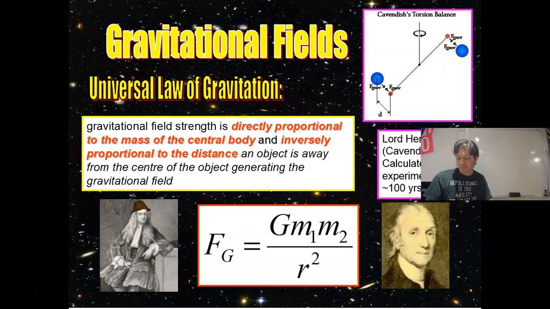But just like a spring, the more a spring gets stretched, the more it wants to pull back. In this case, the more the torsion twists, the more it wants to untwist. And so eventually it'll twist to a point where it reaches an equilibrium, where the force of wanting to untwist and the gravitational force balance. And you can use those measurements, which Lord Cavendish did, to calculate G.